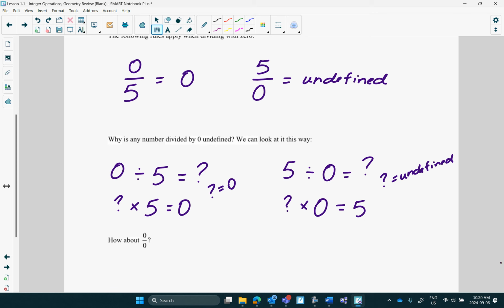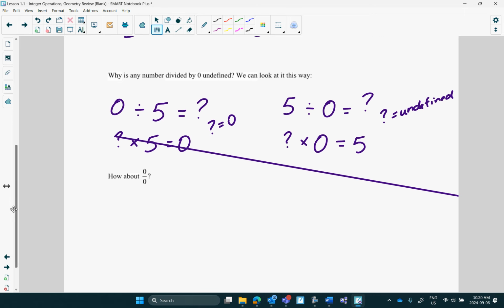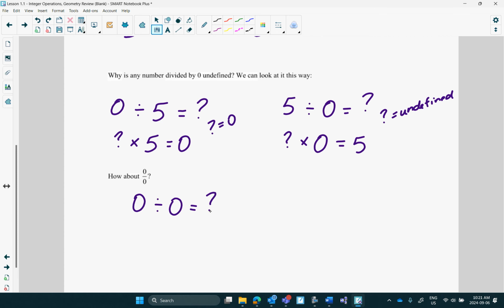What if you use this reasoning? What would 0 divided by 0 be? Yes, sir. Yes. Because if you think about it, 0 divided by 0 is some answer.